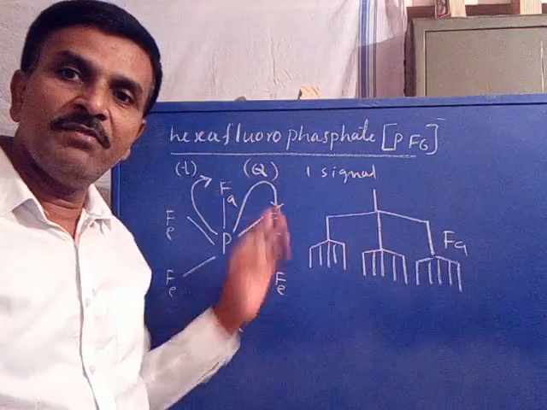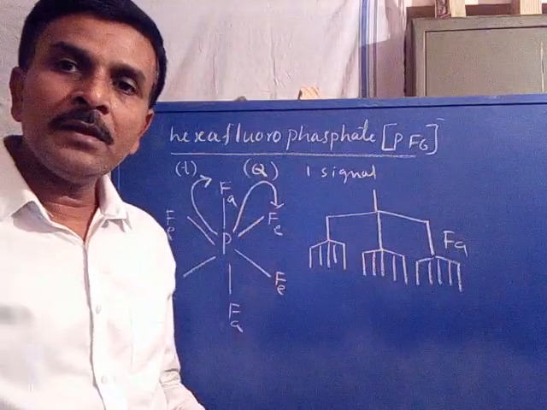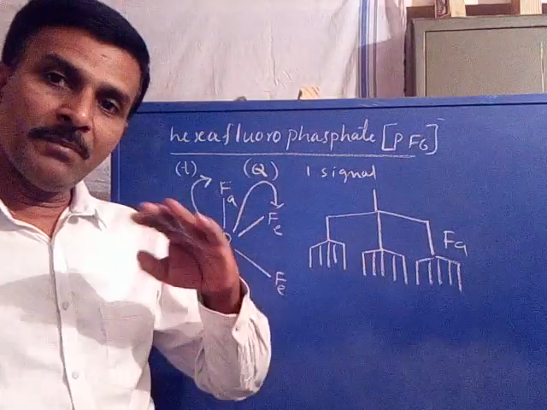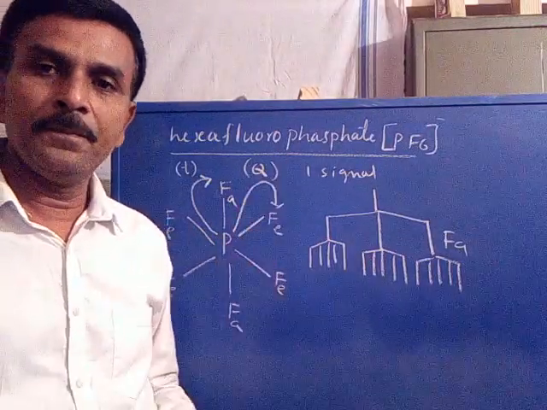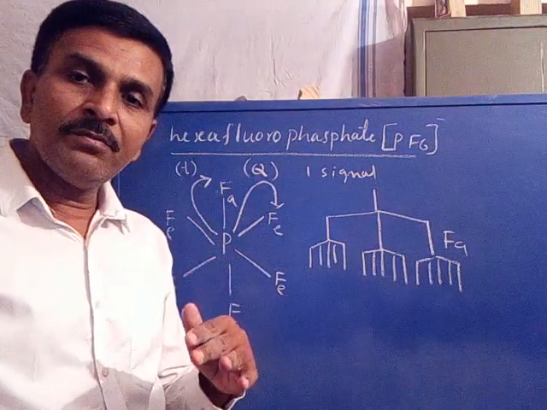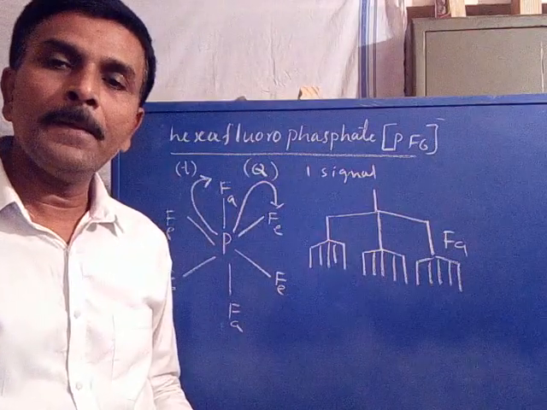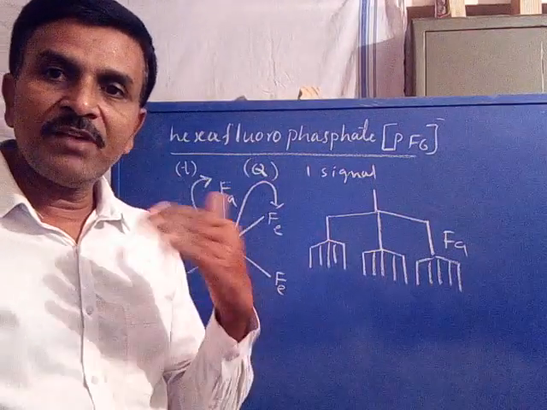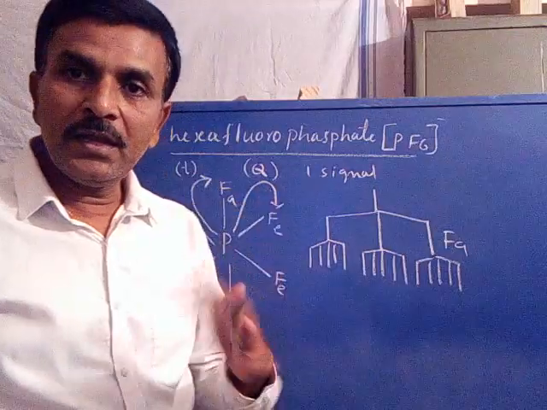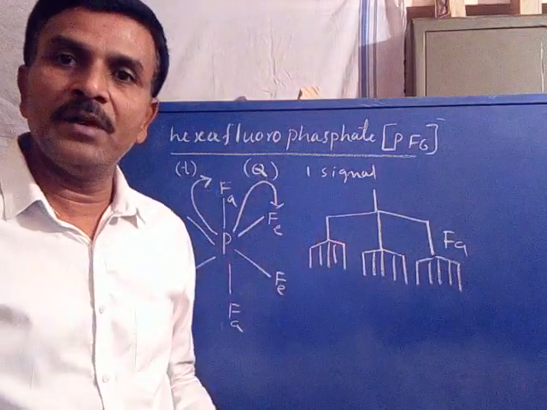Axial fluorines are different from equatorial fluorines. Under non-equivalent coupling, as we just studied, the multiplicity will be multiplied. Under coupling with non-equivalent sets of other nuclei, the multiplicity for a nucleus is further multiplied: N plus 1 into N plus 1.